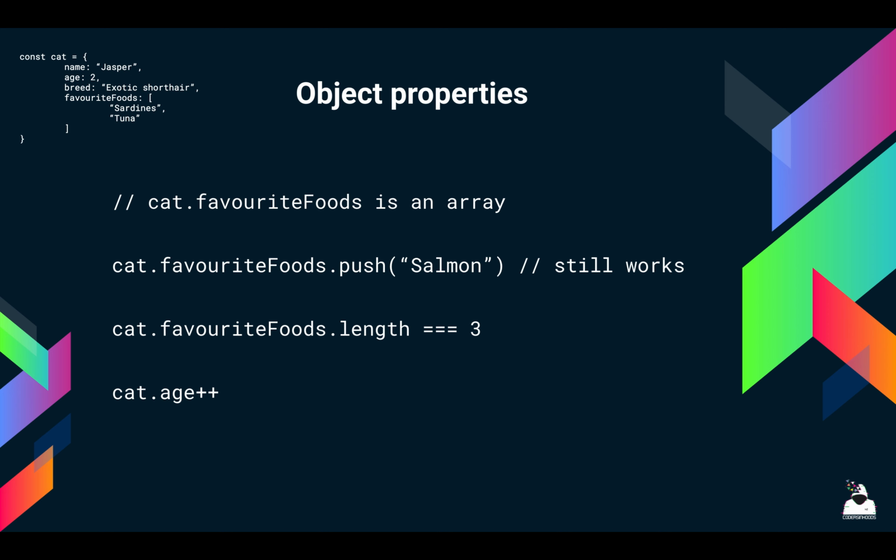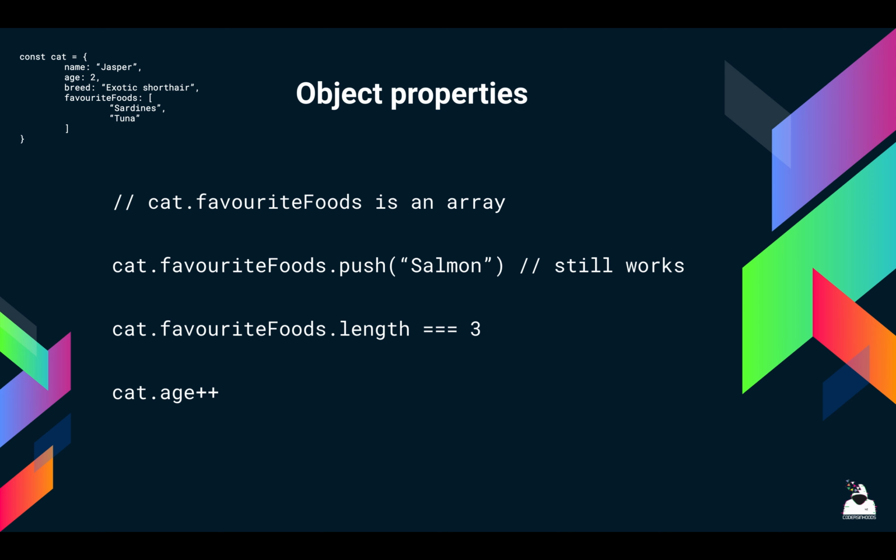Okay, more object properties. Cat favorite foods is an array. We saw that by the square brackets and the comma separated values. Therefore, we can call our push function on cat.favoriteFoods. It works. We can push in salmon to the end of the array. Now cat.favoriteFoods has a length of 3 because there are 3 elements in there.